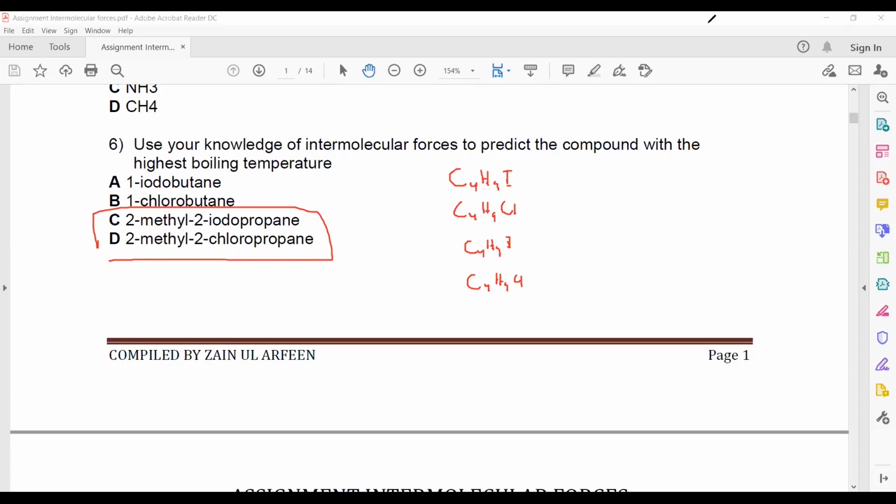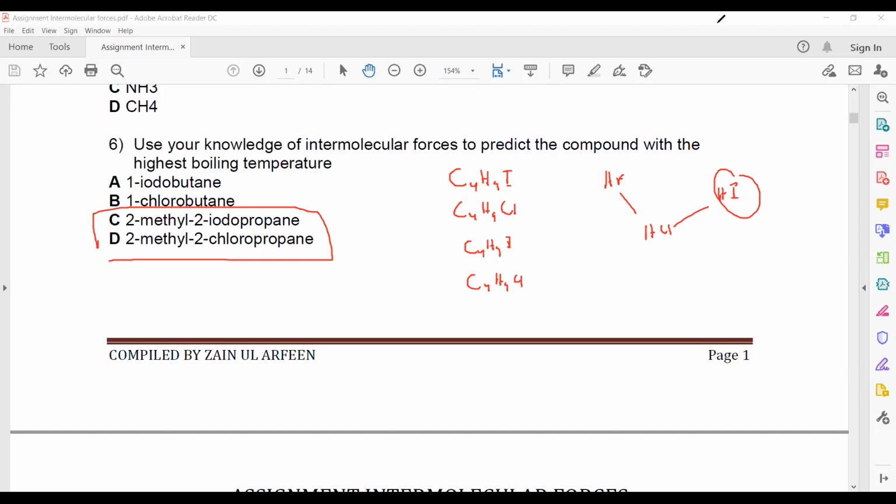If you remember the table, as we compare the bonds, hydrogen fluoride has a higher boiling point than hydrogen chloride, and hydrogen chloride has a lower boiling point than hydrogen iodide. What is the reason? The hydride of iodine has a higher boiling point because it has more electrons, so greater dipole induced dipole forces.